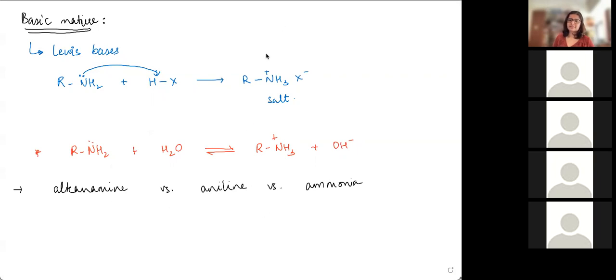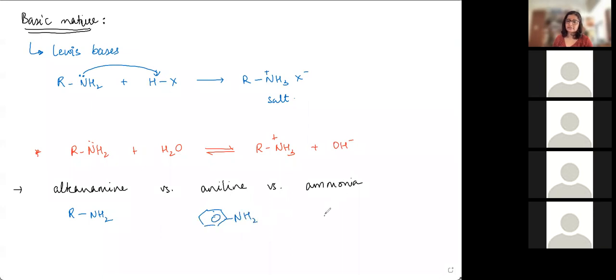Which is maximum, which is minimum? Ma'am, could you repeat that? Yeah, alkylamine versus aniline versus ammonia. So alkylamine is an aliphatic chain, RNH2. Aniline is NH2 and a benzene ring, and ammonia is NH3.